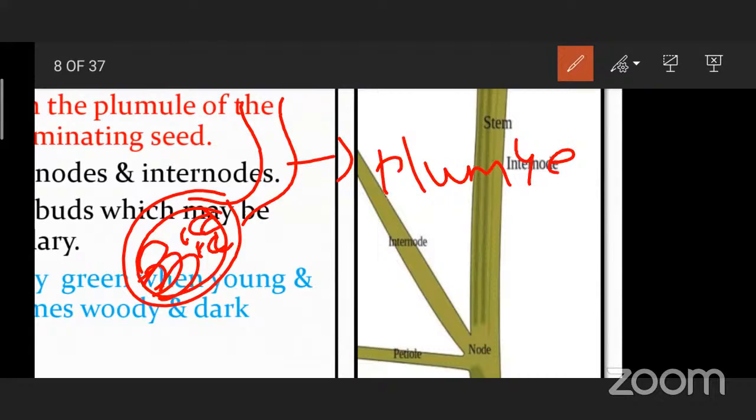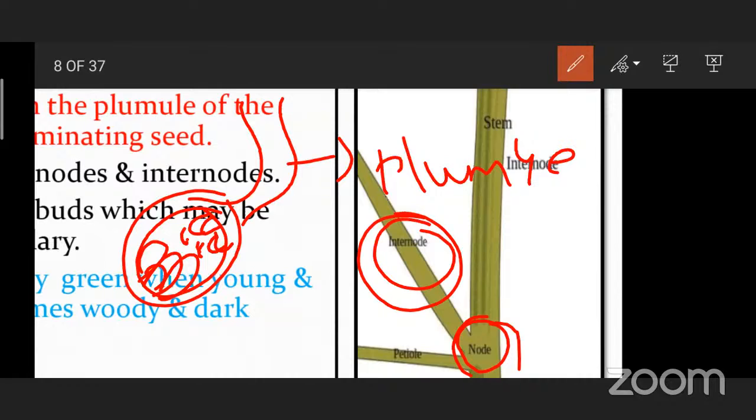The stem bears nodes and internodes. The region of the stem where the leaves are borne is called the nodes, while the portion between two nodes is known as internodes.